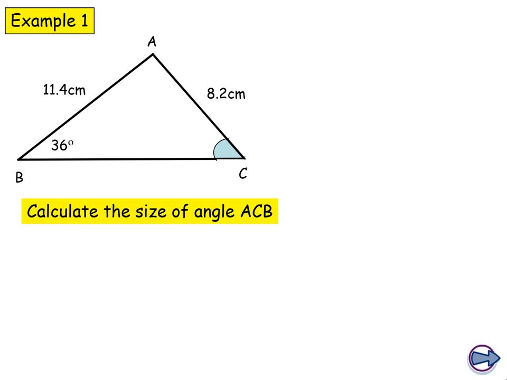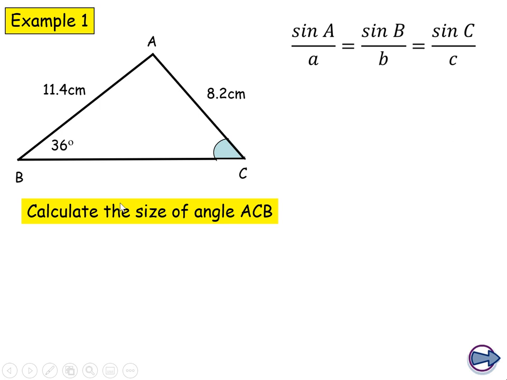Example 1 of calculating an angle, this is what it would look like. As you can see, the angle is shaded in. Calculate the size of angle ACB. So C is in the middle, so it's at C. We're doing the sine rule, so we'll just write the sine rule down. Because we're working out angles, we write angles on the top.